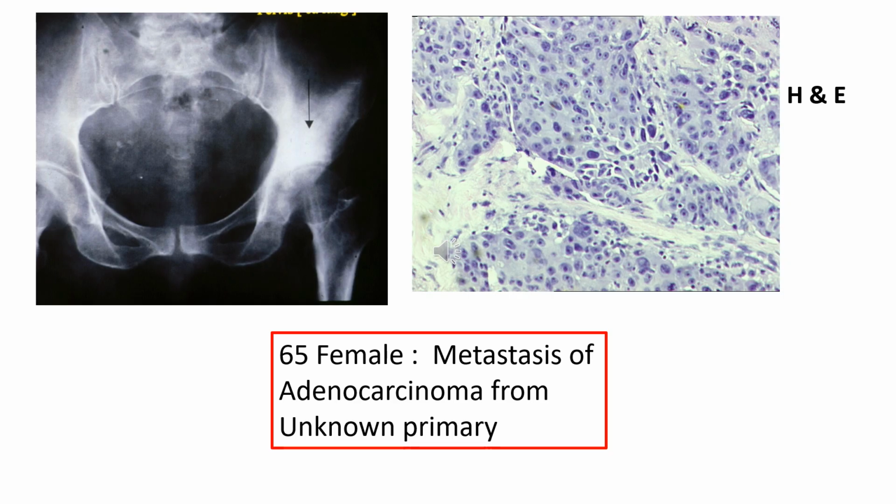And yes, the slide on the right shows a tumor which is high grade, and it is a poorly differentiated adenocarcinoma. So it is indeed metastasis of adenocarcinoma, but when the patient came to the orthopedic surgeon, there was no history of any other lesion anywhere, so it was metastasis from an unknown primary.